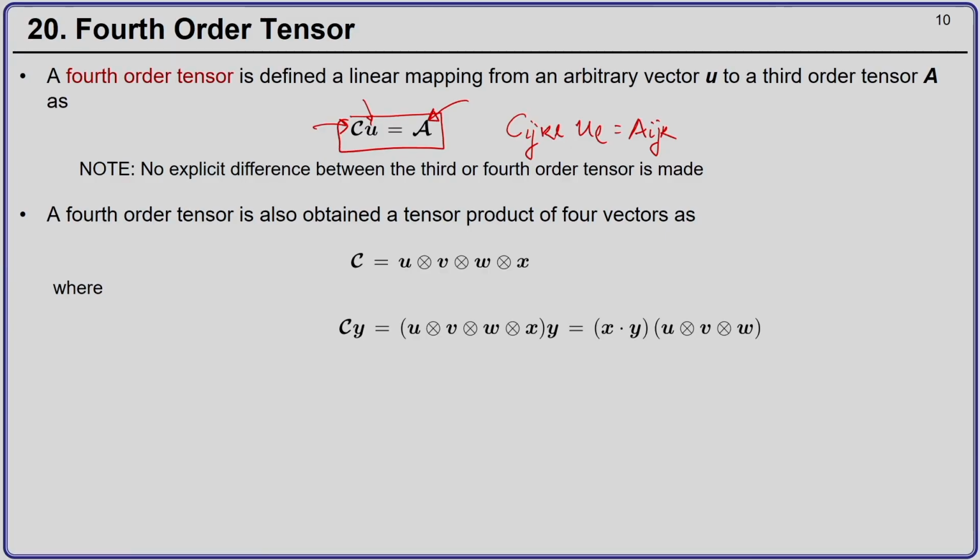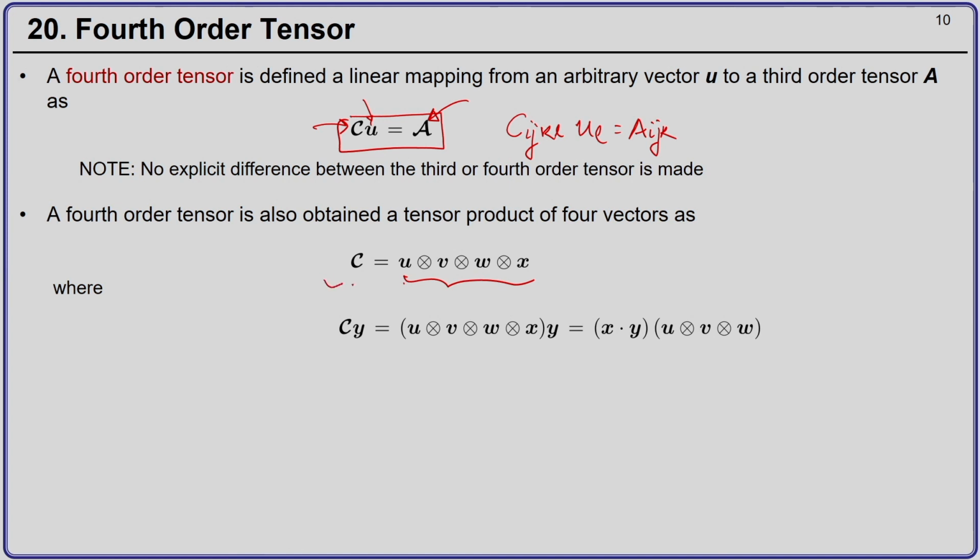Now, as was the case for a second order tensor and third order tensor, you can take the dyadic of four vectors to get a fourth order tensor. So, if you have vectors u, v, w and x, the tensor product of u with v, v with w and w with x. So, u tensor product v, tensor product w, tensor product x.